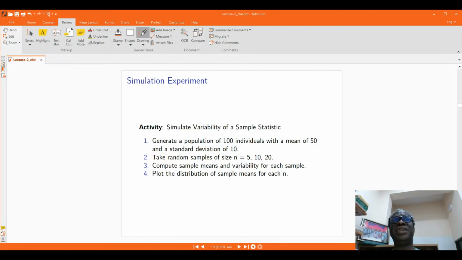Remember, to compute variability, we use the standard error, which is the standard deviation divided by the square root of the sample size. Then we will plot the distribution of the sample means for each sample size.